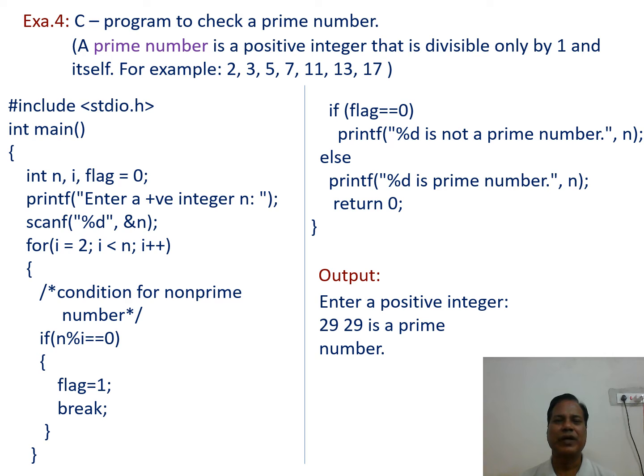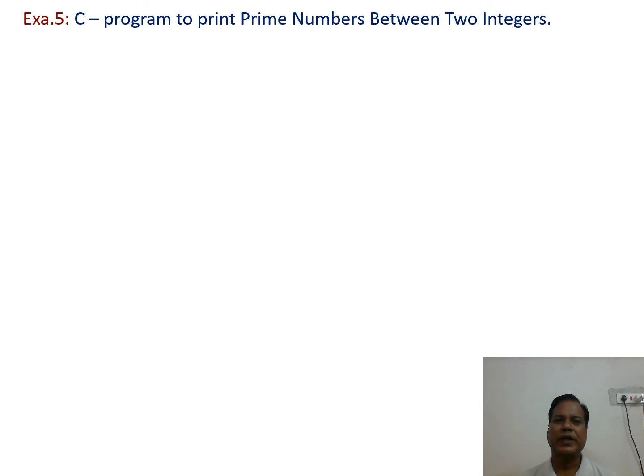So in this way, we discussed how to write a program to check whether a number is prime number or not. Let us take the last program, to print prime numbers between two integers.